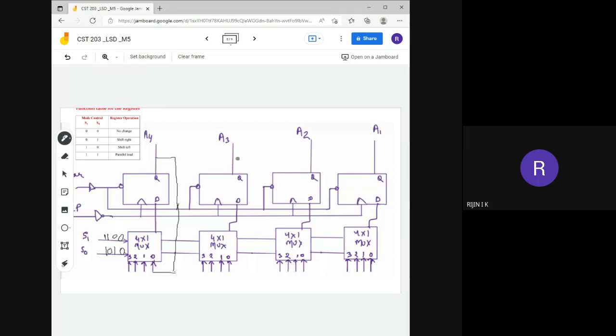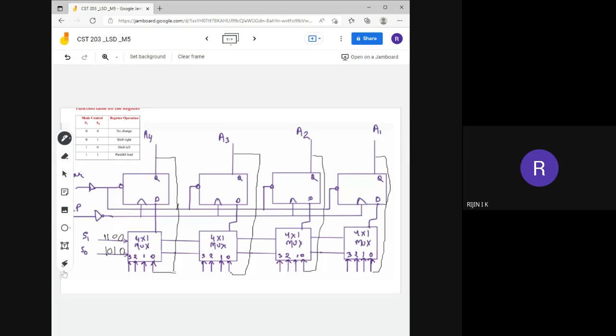Similarly, A3 to the 0th pin in the second multiplexer. Similarly, A2 to the 0th pin in the third multiplexer. Similarly, A1 to the 0th pin in the fourth multiplexer.